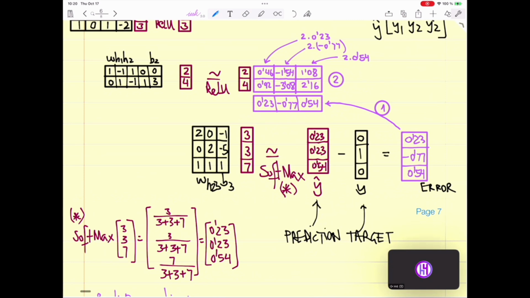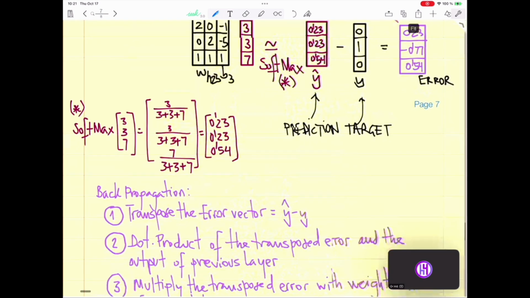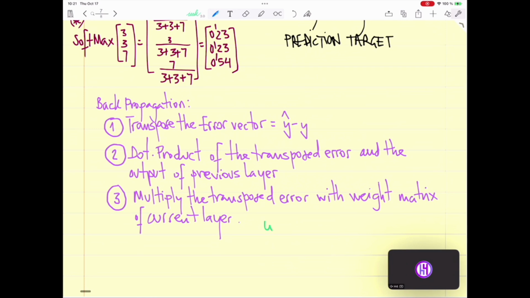So in order to get the error for the next level, we need to multiply the transposed error and the weight matrix, so in this case multiplying WH23 with the transposed error.